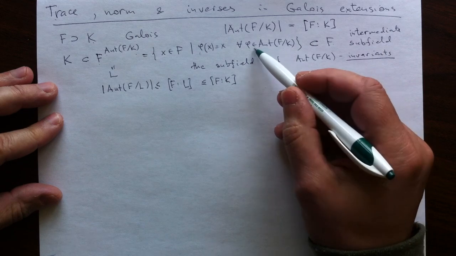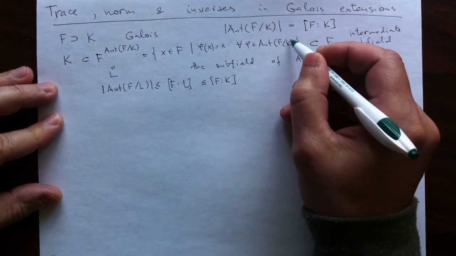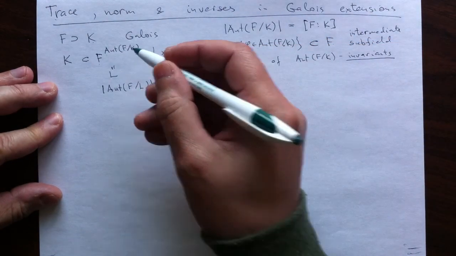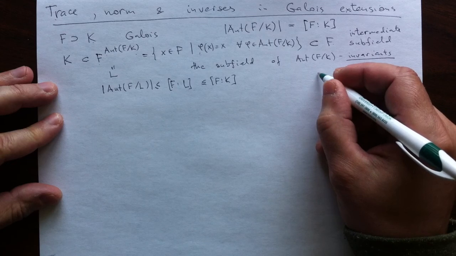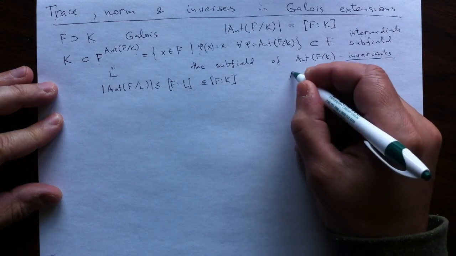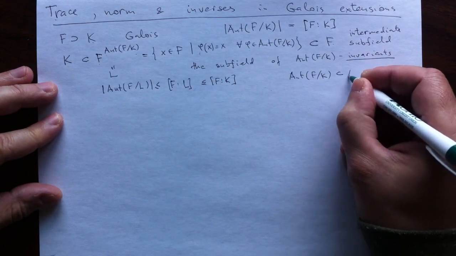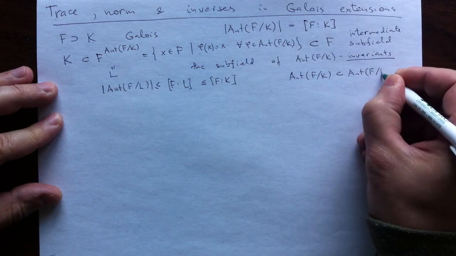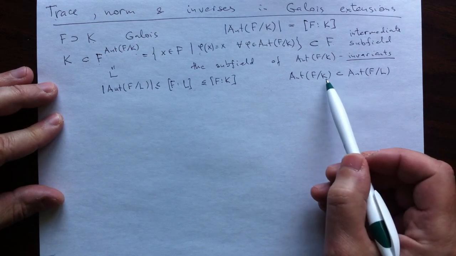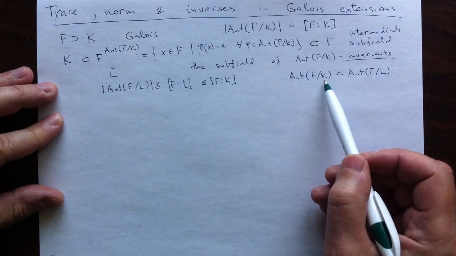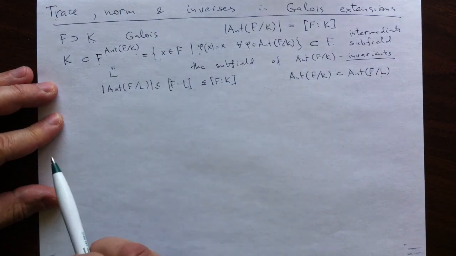Any symmetry which is from this group will be acting on F and will be fixing the subfield L. So let me write what I just said, that the group of symmetries of the initial extension will be definitely inside the group of symmetries of the extension reconstructed by changing K to L. Again, any symmetry in here, any phi, will be an automorphism of F, and elements of L by the definition will be fixed by that phi.